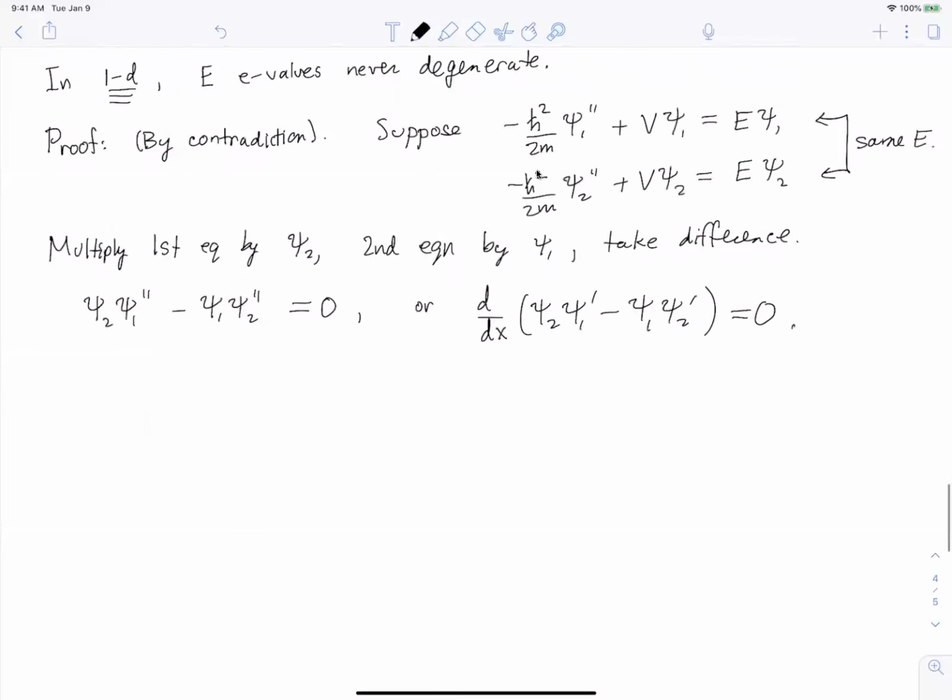That's a total derivative, and it's just begging us to integrate it. Who are we to deny it? So let's integrate it, and we get psi2 psi1 prime minus psi1 psi2 prime equals, when you integrate, a constant of integration that we have to worry about.